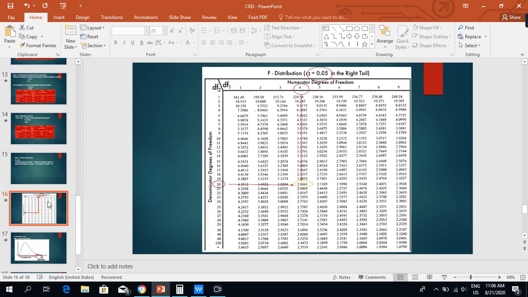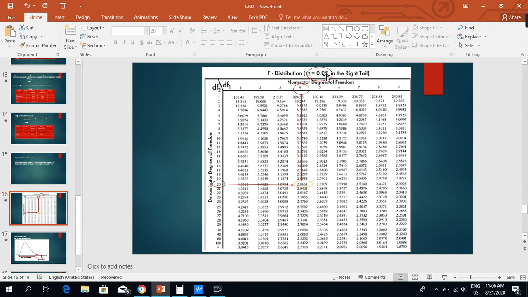This is our F table. Before finding the critical value, first we should look at the alpha value of the F table. We should use the appropriate F table to get the critical value.